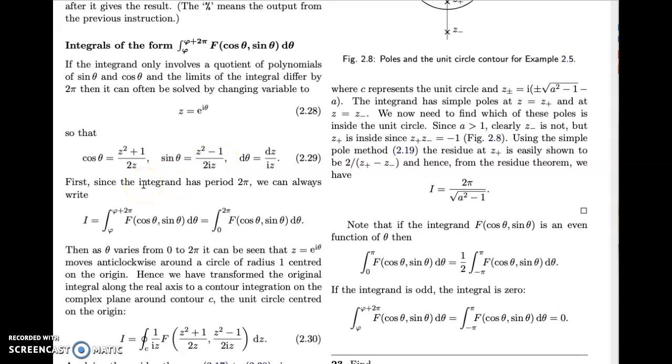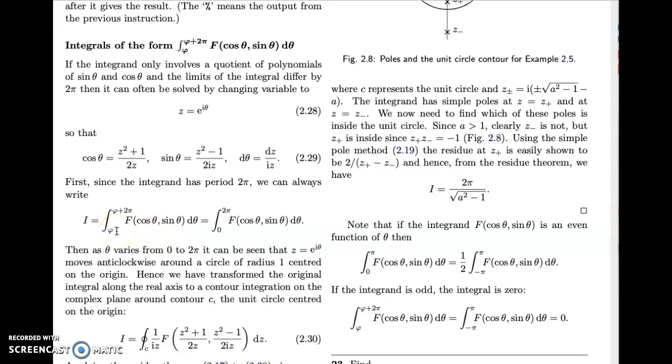So the other thing to notice is that if the integral has period 2 pi, it makes no difference where we start the limit. So if we've got phi to phi plus 2 pi as the limit, we can always change phi to anything.